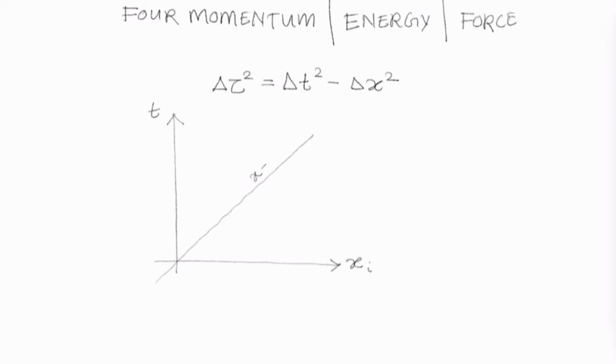If you consider a point here above the light ray, and a trajectory that connects this point to the origin, this is a trajectory that is time-like. A trajectory where delta t is bigger than delta x. These are trajectories of existences.